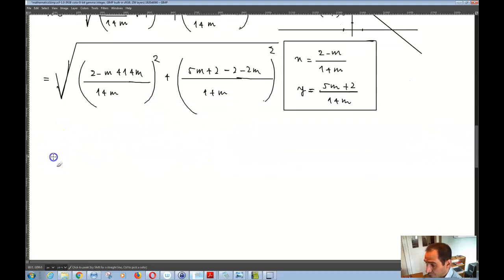And what you need to do here is basically just a little bit of simplification. So over here you have m and negative m will cancel out, and then you have 2 minus 1, which is equal to 1.